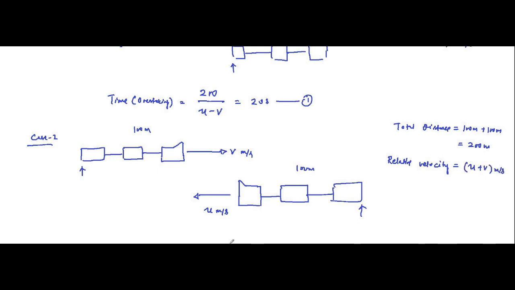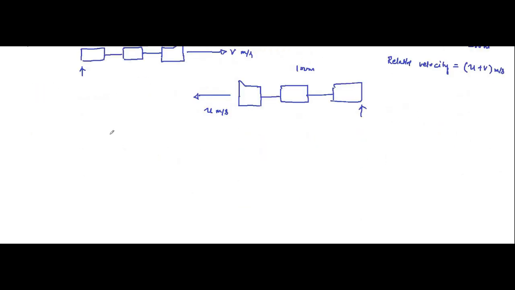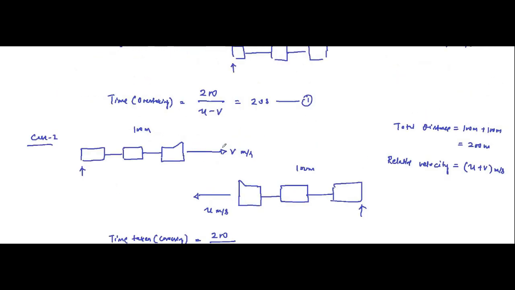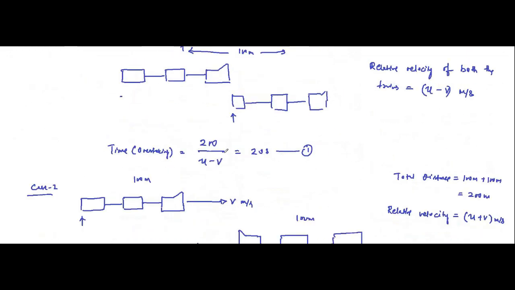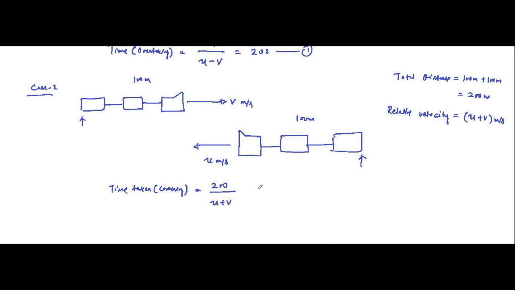So the time required for crossing is 200 by u plus v, and that is given as 10 seconds. This is the second equation.